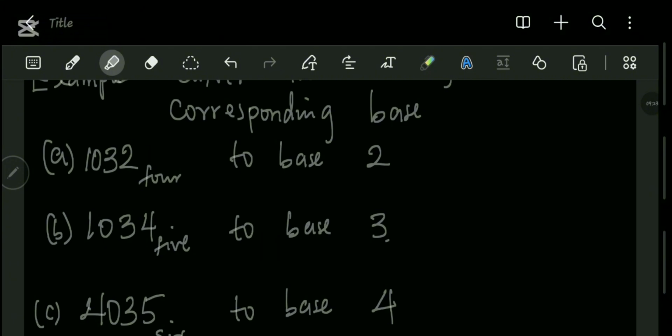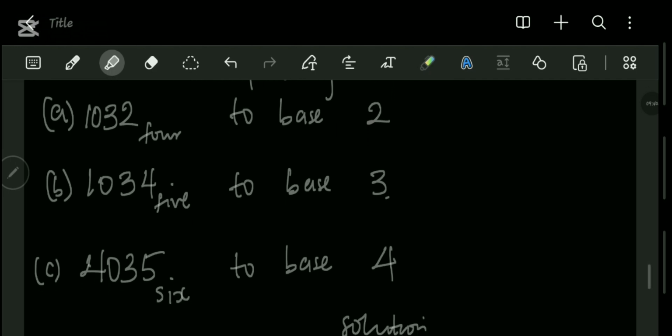This question was not given in base 10, so we have to convert it first to base 10. When we are done, we change it back to base 2. Are you with me?